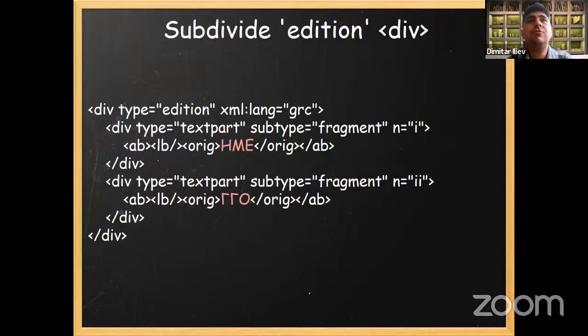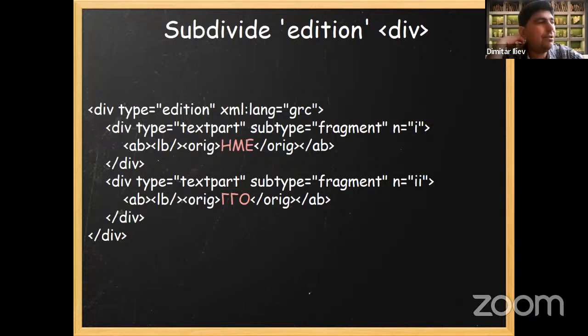You can have textual fragments, and as you saw yesterday, all the edited text of your monument lives in div type edition. But inside div type edition, you could have div type textpart. And you can divide your text in as many text parts as you wish.